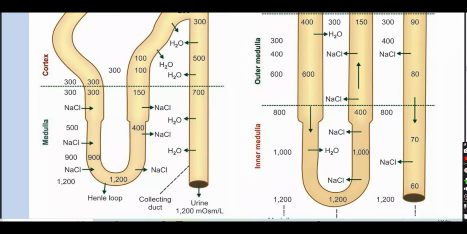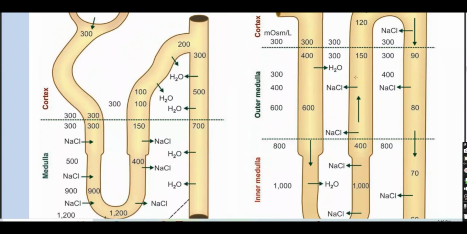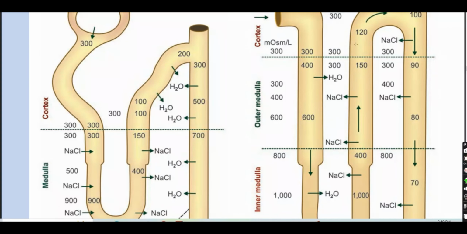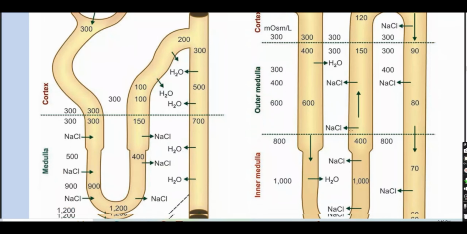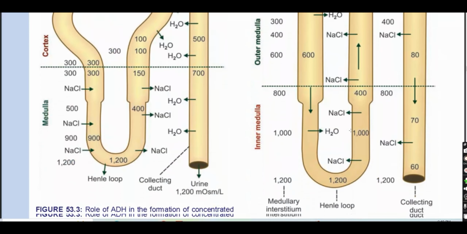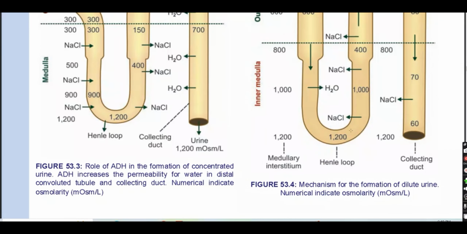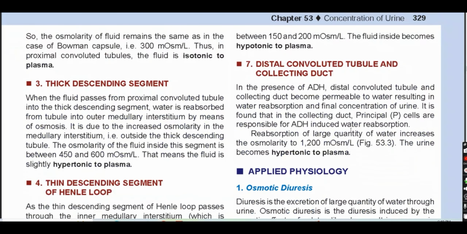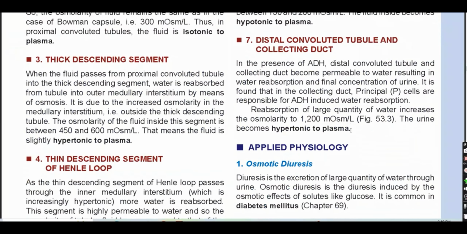Then ultimately, when it enters the distal convoluted tubule, it reaches 200 milliosmol. And once again, when it goes to the collecting tubule, its osmotic pressure gradually increases. In this way, it maintains the osmotic pressure. So students, I think we have discussed the countercurrent exchanger as well as how urine is concentrated through the different segments of the nephron.